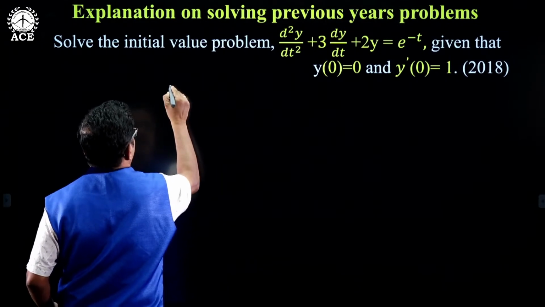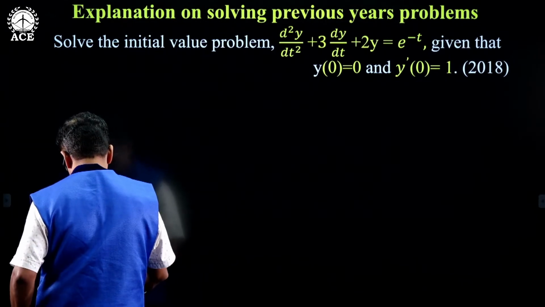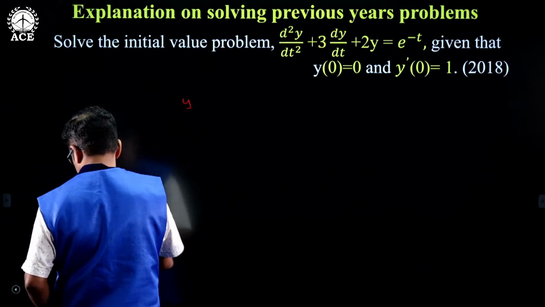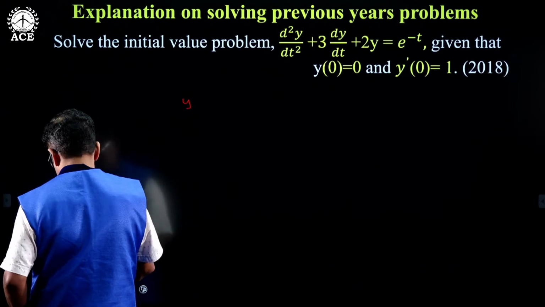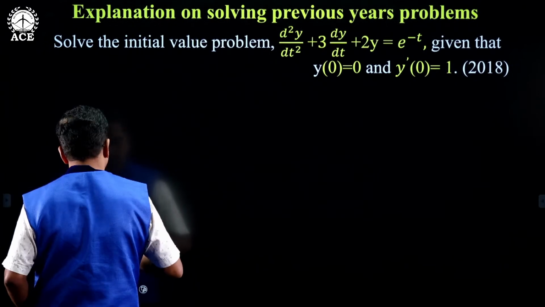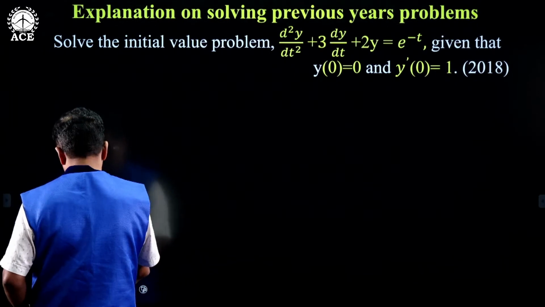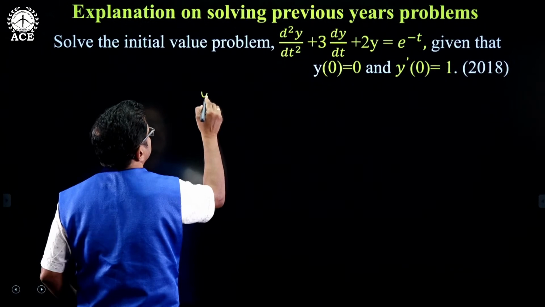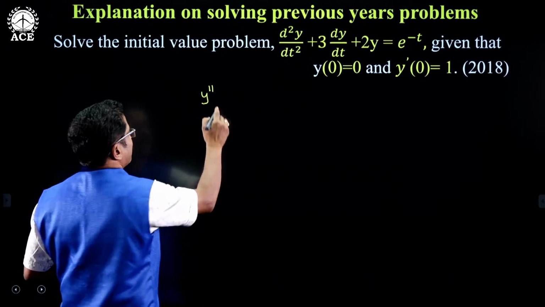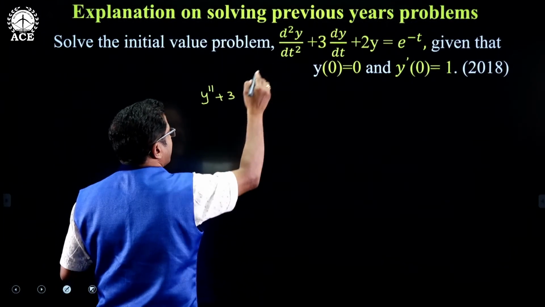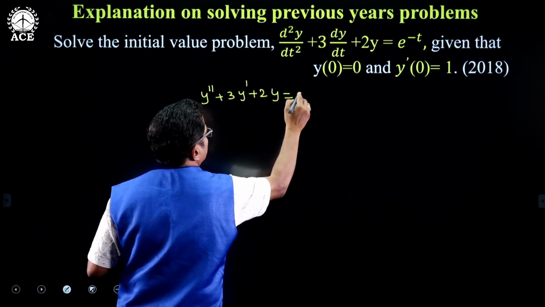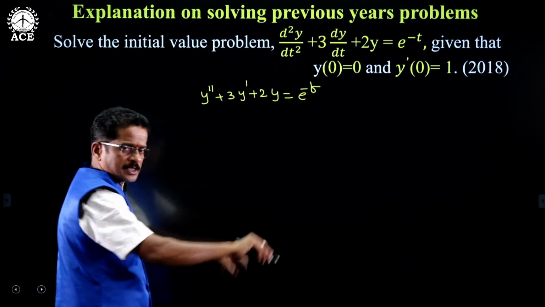So this I will write as y double dash, d square y by dt square I am taking as y double dash, plus 3 dy by dt means y dash, plus 2y is equals to e power minus t. This is the given differential equation.